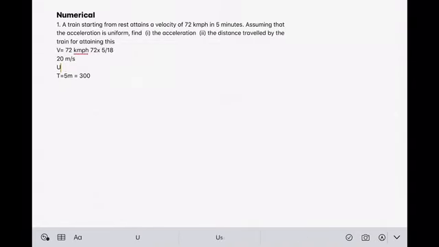And we don't have to do much for U because it says starts from rest, which means it was at 0 kilometers per hour, which means it will also be 0 meters per second.